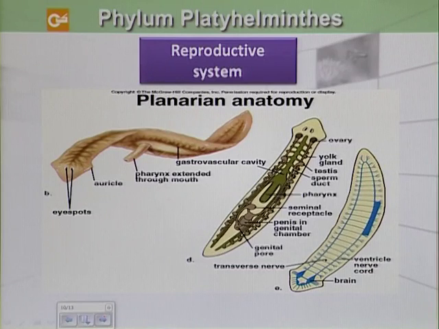You can see here the reproductive system of planaria. We can observe that there are female reproductive structures as well as male reproductive structures present in a single organism.